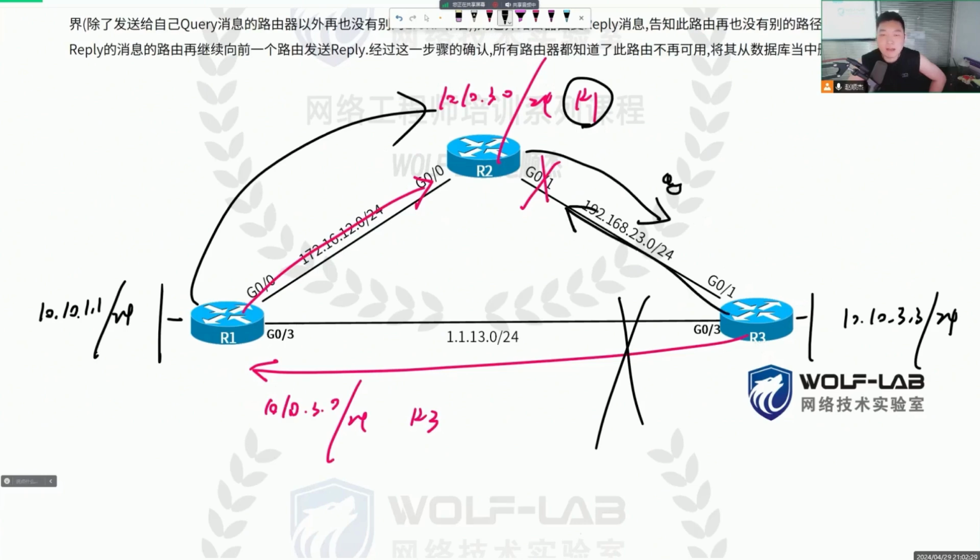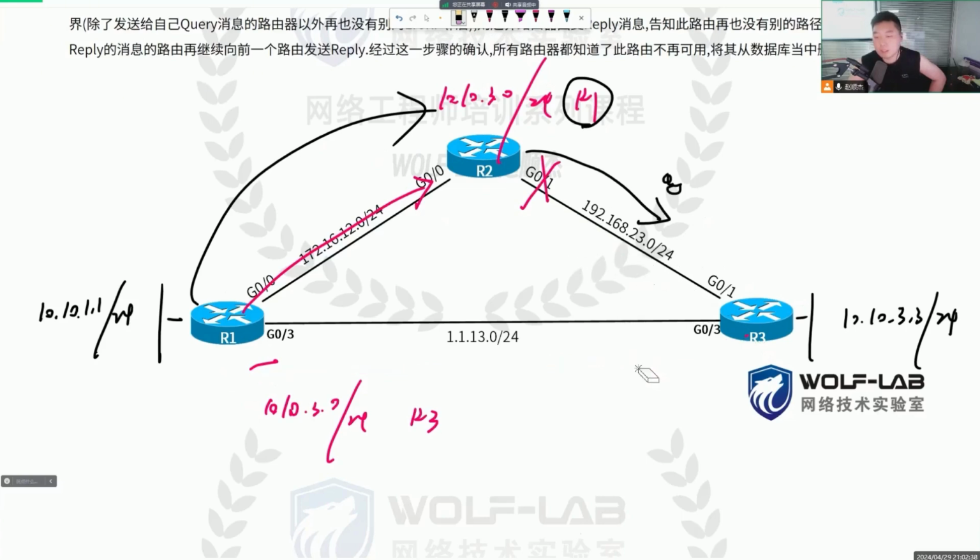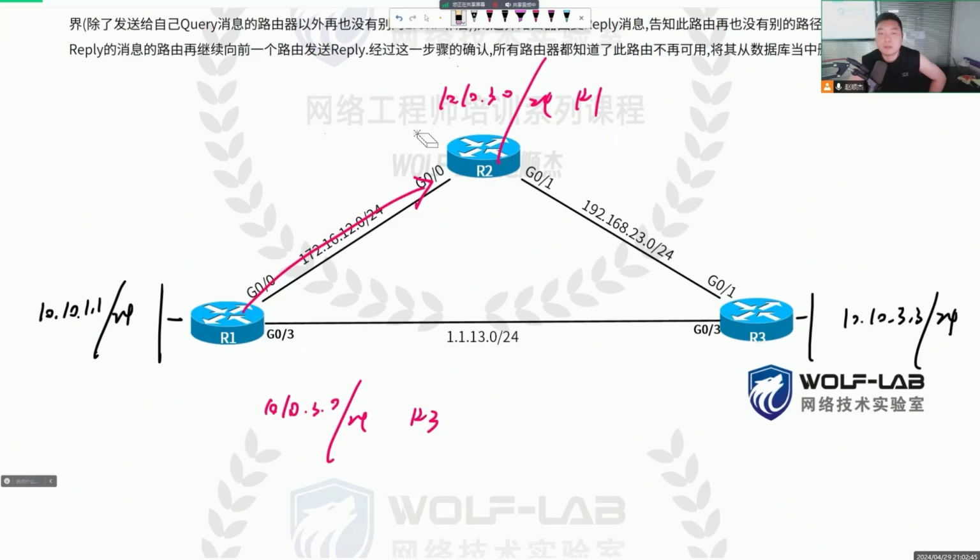First on R2, we filter out the route from R3: router EIGRP 90, using distribute-list 1 in G0/1. We aim at the routing entries received from the 0/1 interface. We don't want its 10.10.3.0. Give up other routes. Then let go: no distribute-list 1 in G0/0.